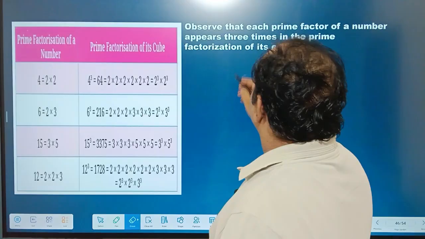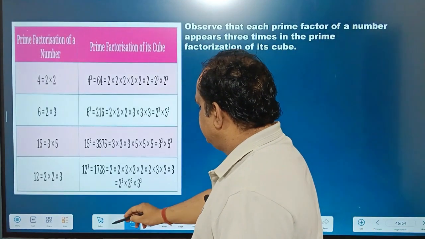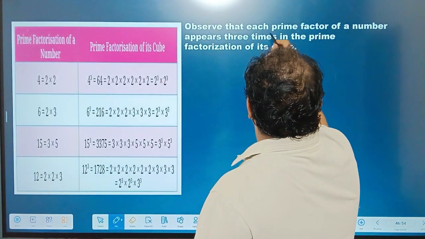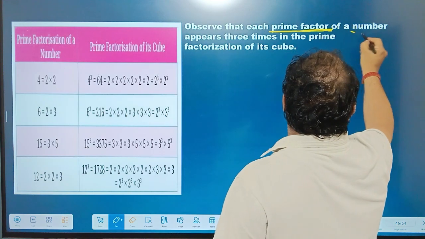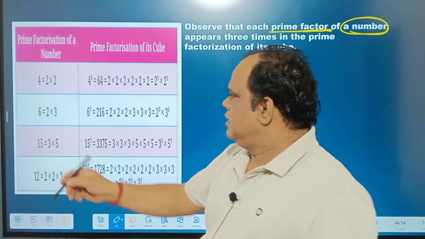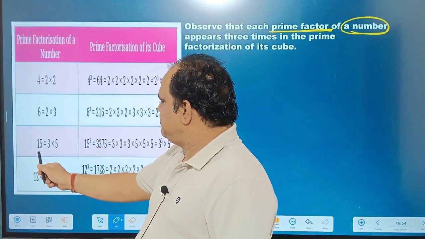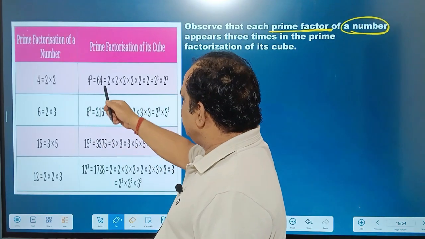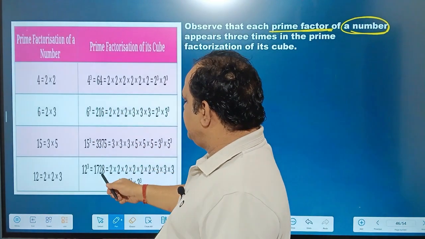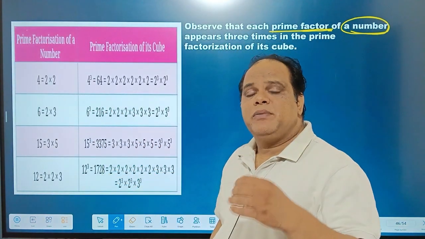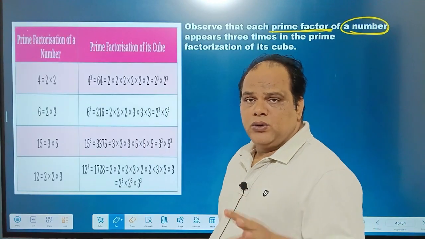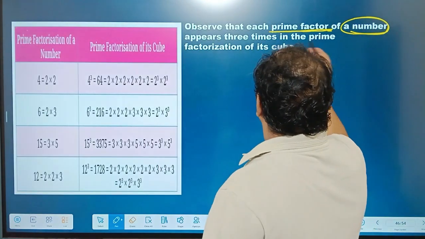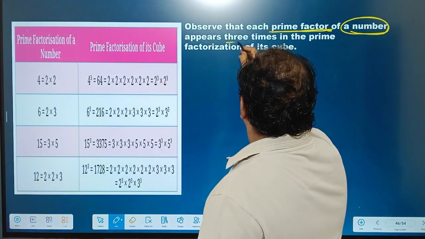focus once again. What it says is: observe that each prime factor of a number, any number you take, 4, 6, 15, 12, or like 64, 216, 3375, 172, there can be any number you take, right? Their prime factors appear three times.